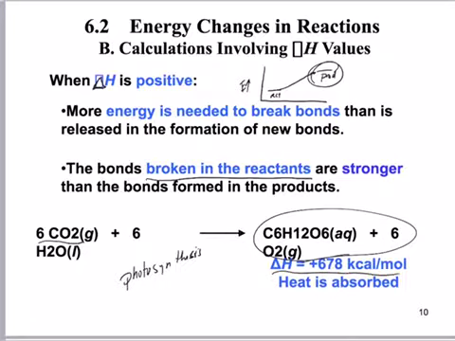The delta H for this is 678 kcals per mole, heat absorbed. That's a lot of energy, okay? Because sugar molecules have a lot of stored energy. We know that. Sugar has higher calorie content than protein, okay? So there's a lot of energy inside those molecules.